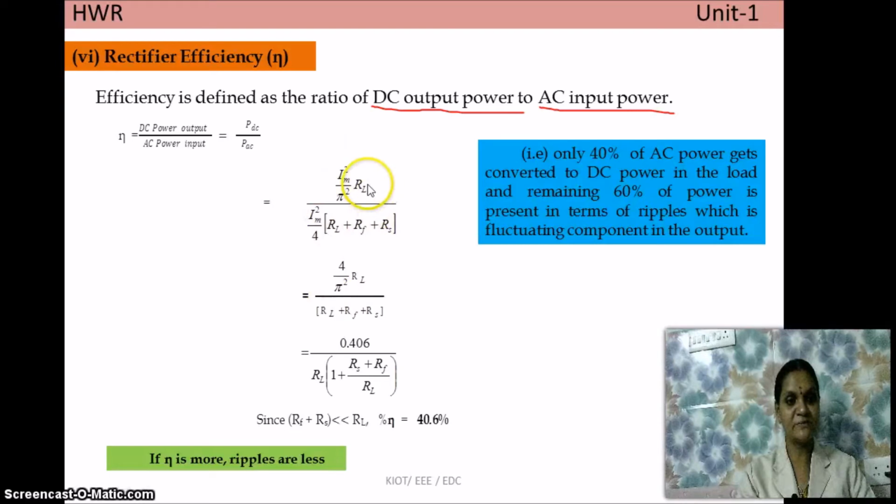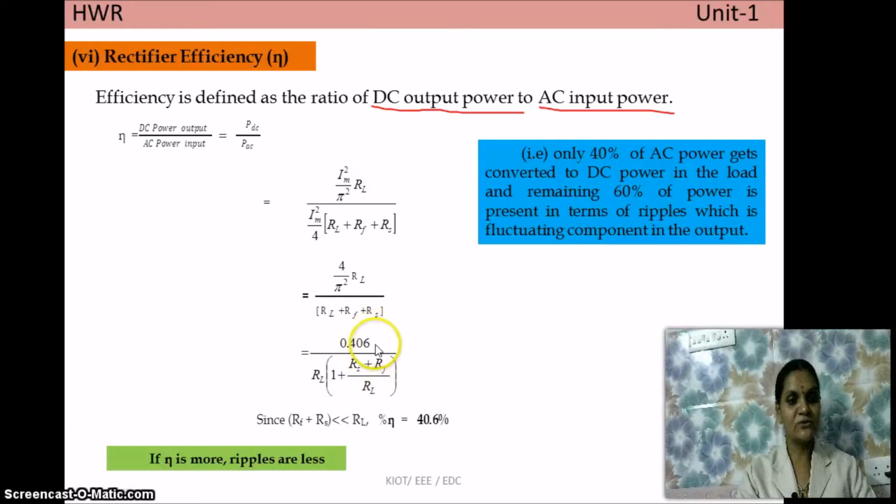Again you simplify this. When you simplify this and this, it becomes 4 by pi square into RL. In the denominator you have this one. Again you take RL outside and you can simplify the equation like this. In this term also, RL will be very high compared to this term. So this term becomes negligible. You will have only RL.